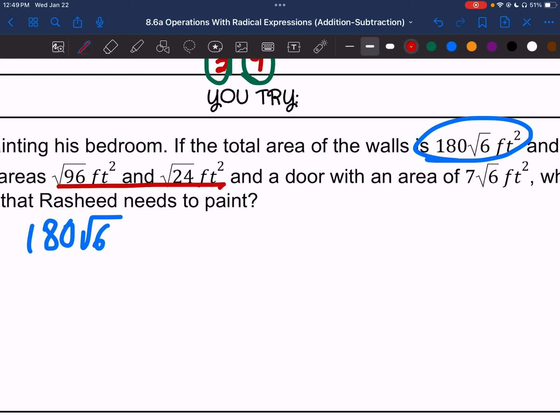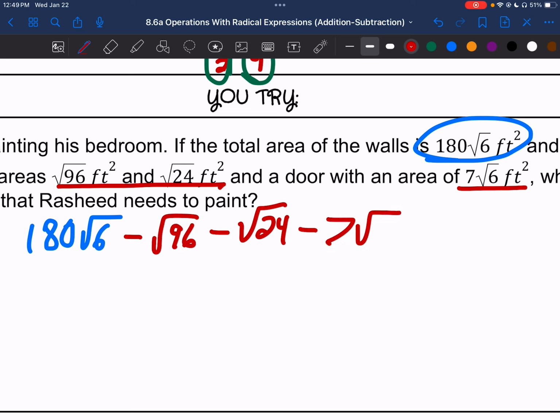That kind of makes them not work so well. So we're going to subtract square root of 96, subtract square root of 24, and then we also need to subtract the area of the door. Again, we're not painting the door, so we're just focusing on the walls. We need to subtract another 7 root 6 feet squared.